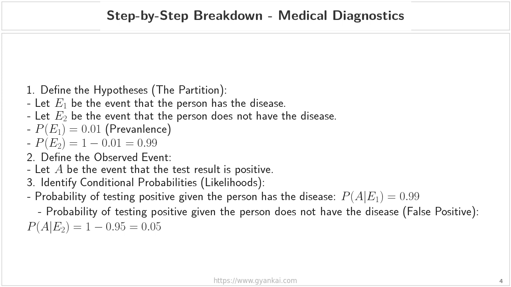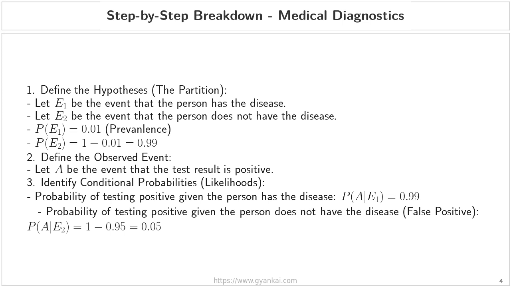First, the probability of testing positive given the person has the disease, that is, the probability of A given E1, is 0.99. Next, we look at the probability of testing positive given the person does not have the disease. This is a false positive. Since the test is 95% accurate for healthy people, the chance of a mistake is 1 minus 0.95, which equals 0.05.